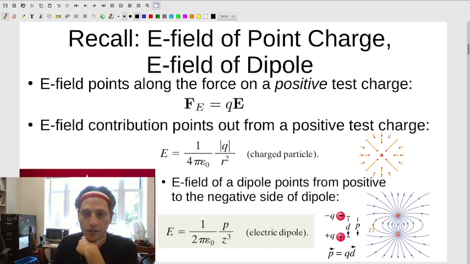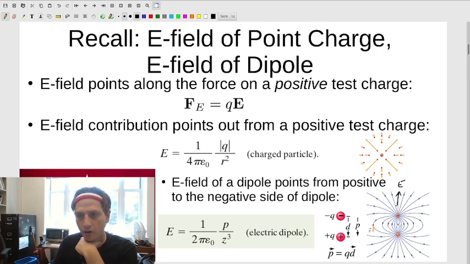The thing that tells us how big the magnitude of that field is depends on the product of how big these charges are and their displacement. So it doesn't depend on either one individually, but on their product. Now we have a plus charge and a minus charge.